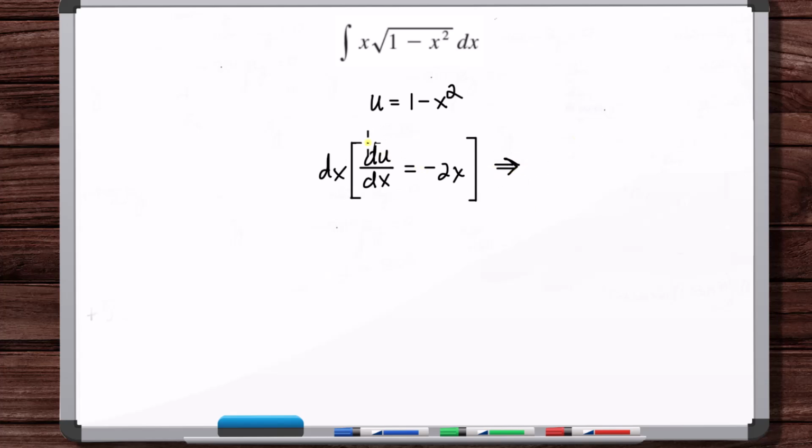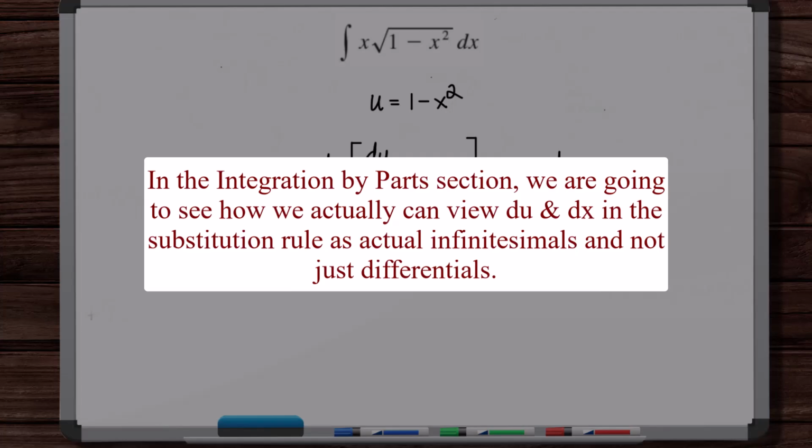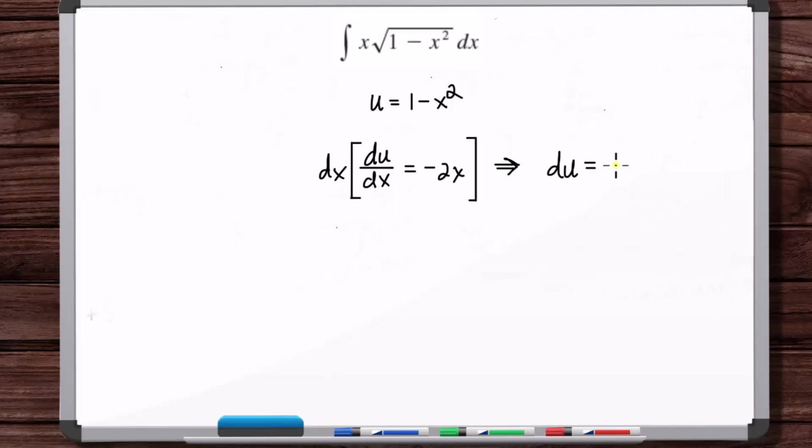The book is telling us not to think about finding du and replacing dx with du as if you're dealing with the actual infinitesimals that are associated with the derivative process. But okay, the differential du, if we multiply this entire equation by dx, du is minus 2x dx.